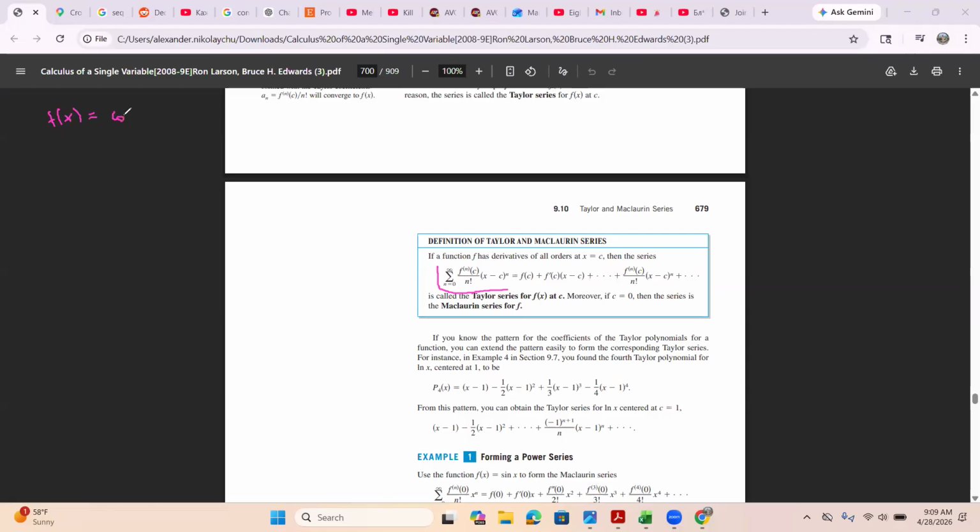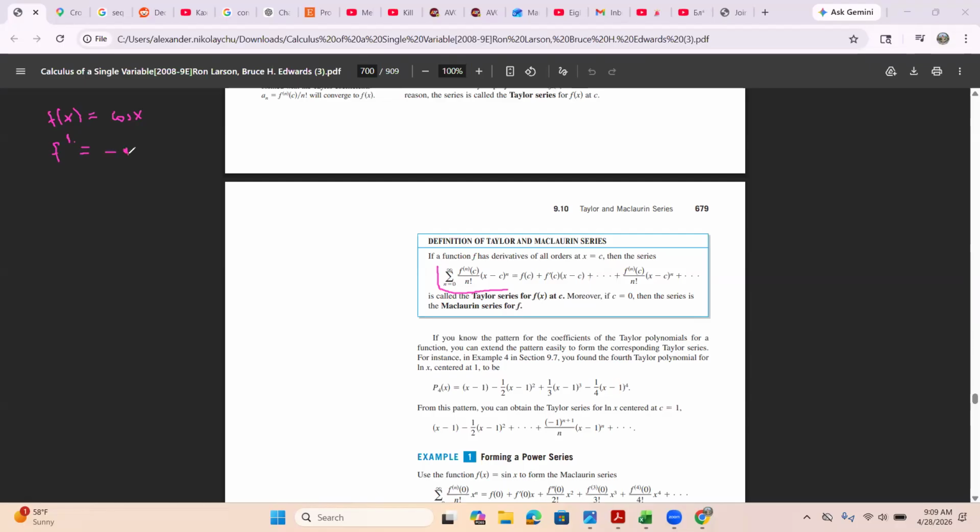For example, if you take cosine of x and start to do this process of finding various derivatives. If you take the derivative, f prime, for the cosine, which is negative sine of x.